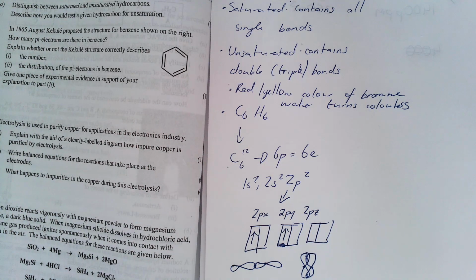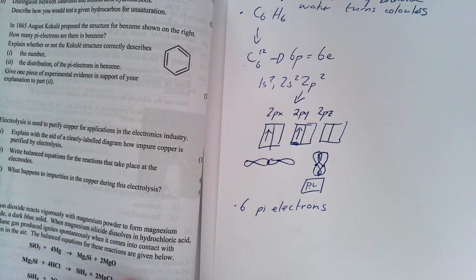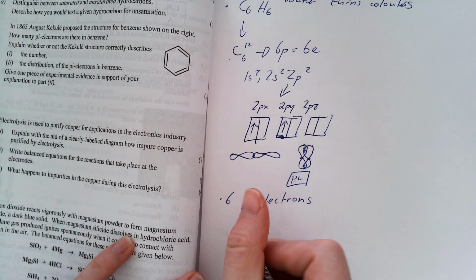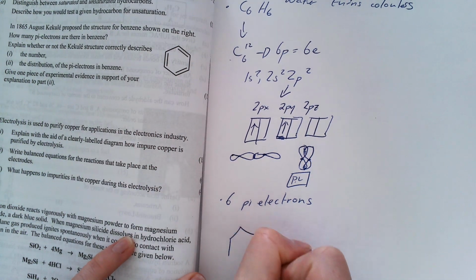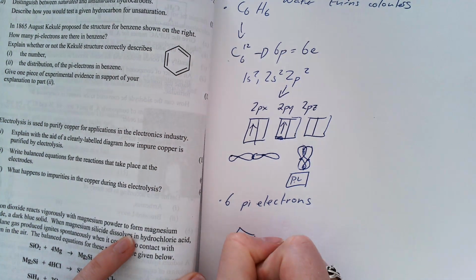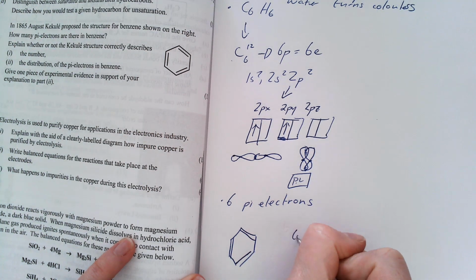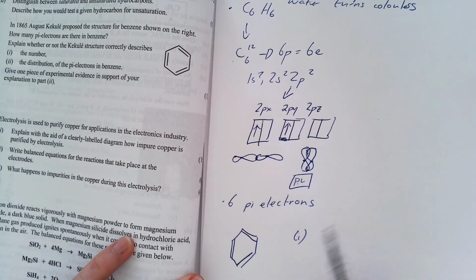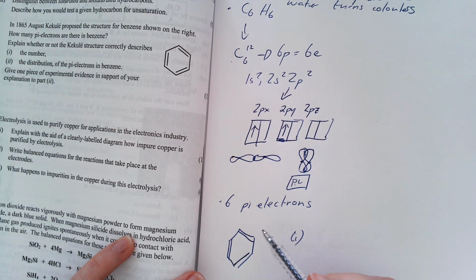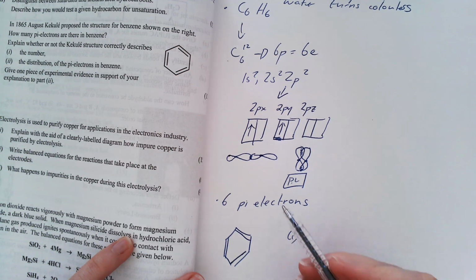Next then you're asked, explain whether or not the Kekule structure, which is what we have here, correctly describes, firstly, the number of electrons. Okay, so this does describe correctly the number of electrons.